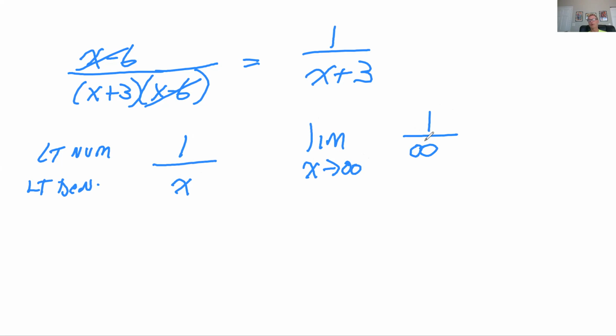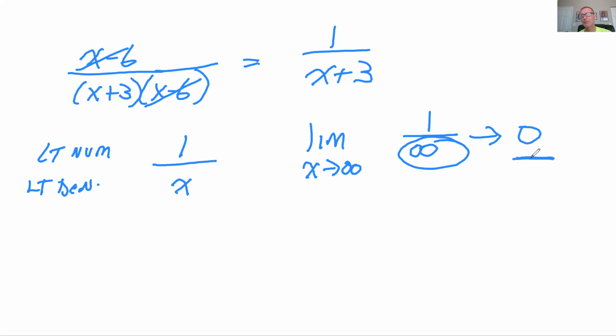And the way this works, and you have to think about this a little bit, is that if you put a really, really big positive number and you divide it into any number, the value is going to approach 0. So whenever you have more infinities in the denominator than you do in the numerator, the answer is always 0.